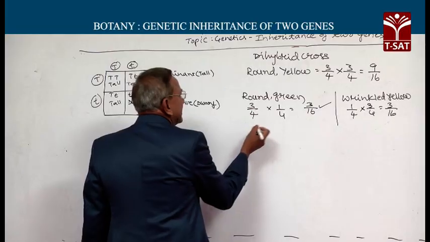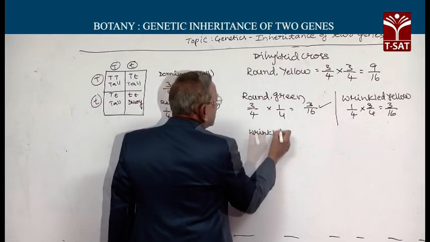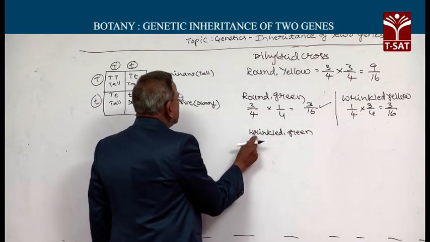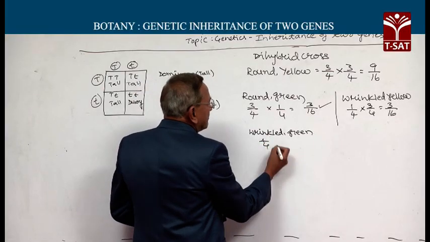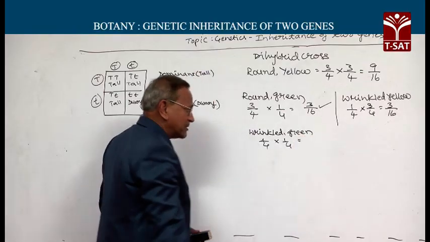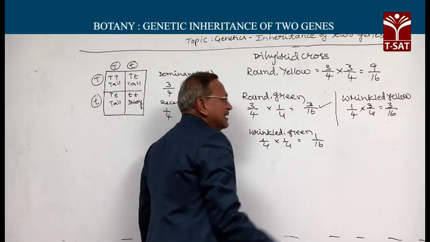Now let us consider double recessive, that is wrinkled green. Since it is recessive, it must be represented by 1/4. Green is also recessive, so this also must be represented by 1/4, and we obtain a fraction of 1/16.